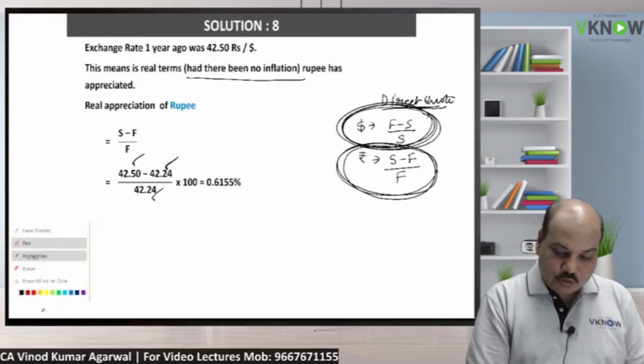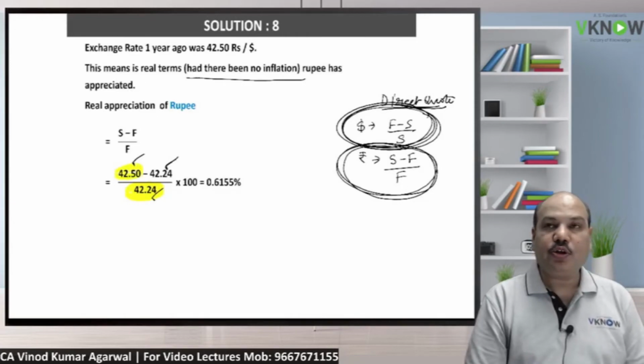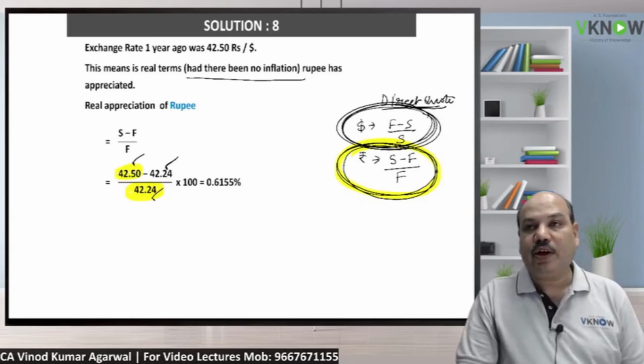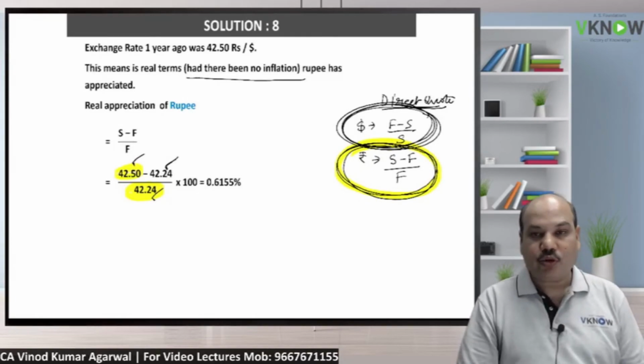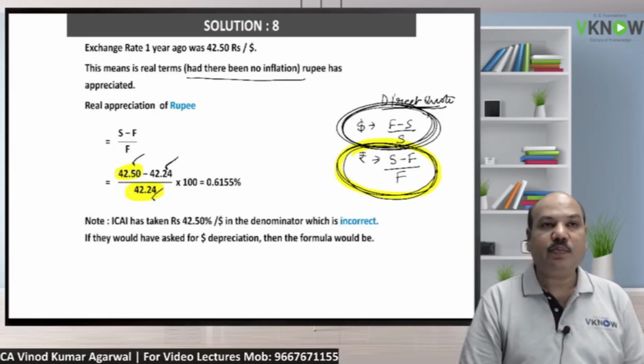Now the institute has made a small mistake here. They have divided by 42.50, whereas the correct formula is to divide by F, discussed in your basics chapter. Solve it. You will get 0.6155%.